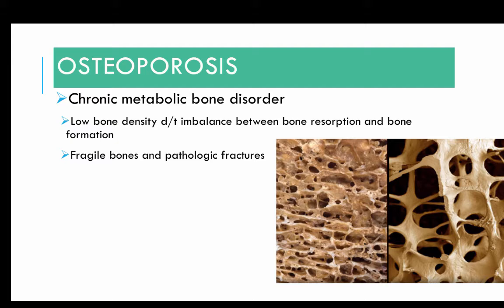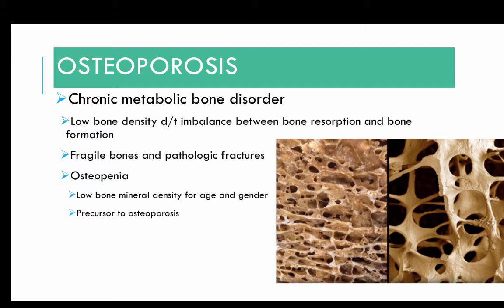So sometimes this can show up as compression fractures within the spine, and those are one of the ones that we most frequently think of as a pathologic fracture. Vertebrae just kind of fractures and then it impinges on the disc space and there's a problem. That's usually what we think about when we think about pathologic fractures. But because the bones are fragile, even slight trauma can cause a fracture.